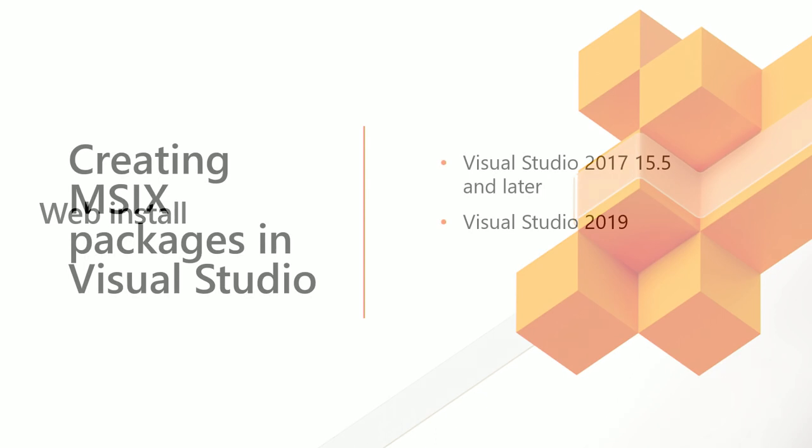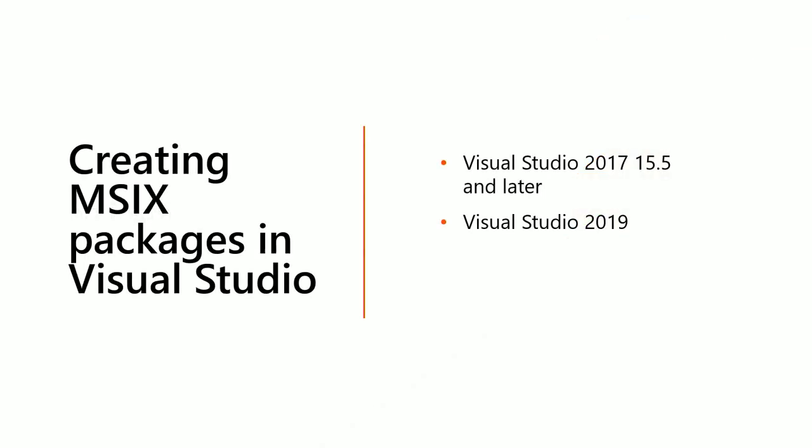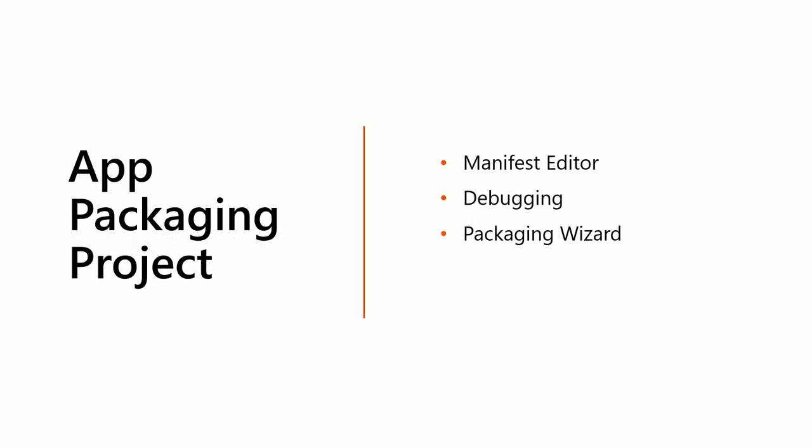And the great thing is, if you are developing your application in Visual Studio, we have support for you to generate MSIX packages from within Visual Studio. If you're using Visual Studio 2017 versions 15.5 and later, or Visual Studio 2019, there is something called the Application Packaging Project. The App Packaging Project allows you to add this project to your existing solution, and then using that, you can generate an MSIX package.